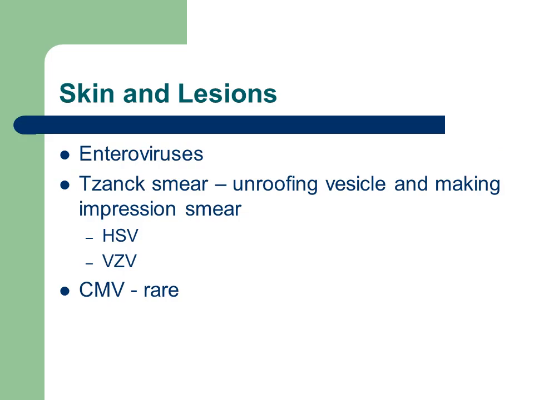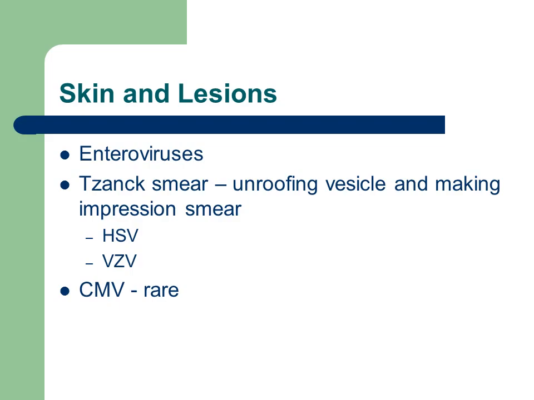You can also get skin and skin lesion samples, and this would commonly be a type of specimen for maybe an enterovirus. You can do something called a Tzanck smear, and what this is for viruses that cause a pustule, a vesicle.